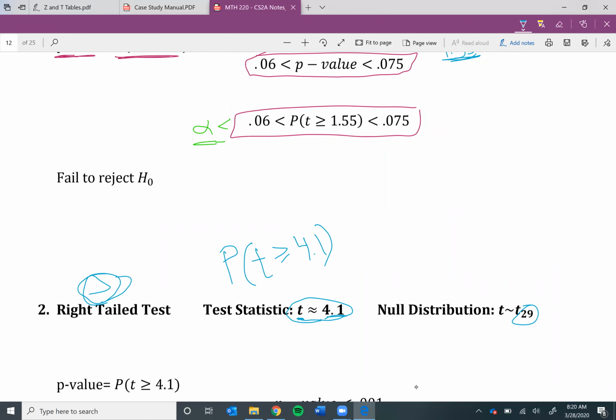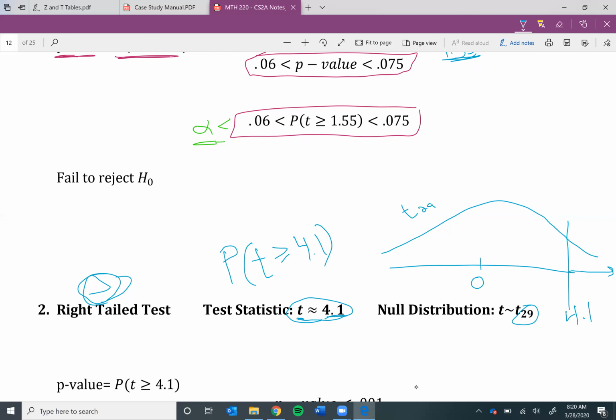Now let's draw the picture. I really encourage you to draw the picture every time. So we're here at 0. This is t with 29 degrees of freedom, and I'm down here at 4.1.